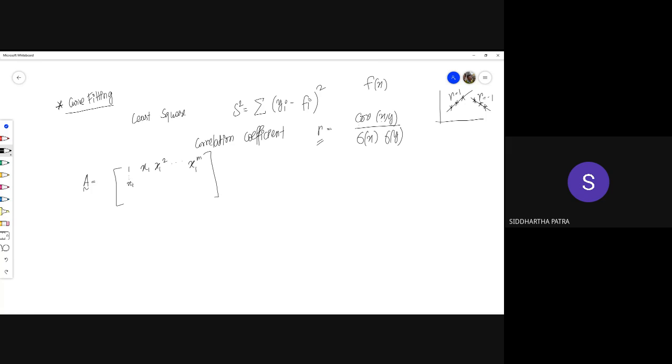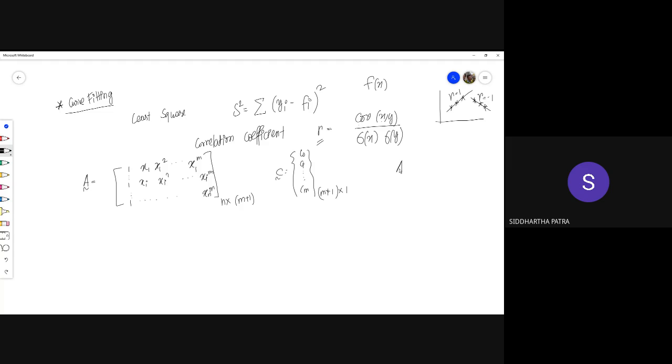And then there is 1, xi, xi squared up to xi to the power m, and this continues up to xn. Okay, and then you have the coefficient vector. These are actually the unknowns, which goes from c0, c1 up to cm. And you have n such equations. So this is a n cross m plus 1 matrix, m plus 1 cross 1 vector.